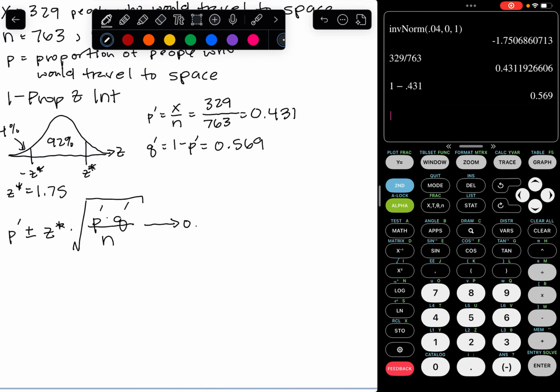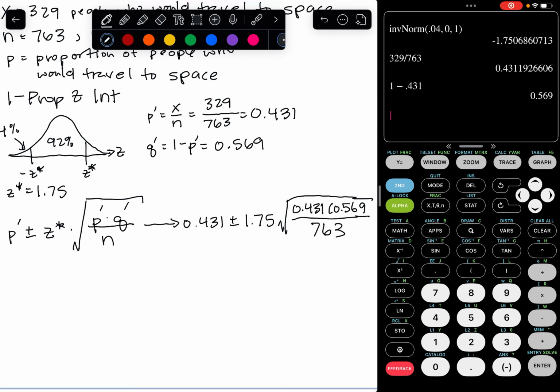So 0.431 plus or minus 1.75 square root 0.431, 0.569, and our sample size was 763.